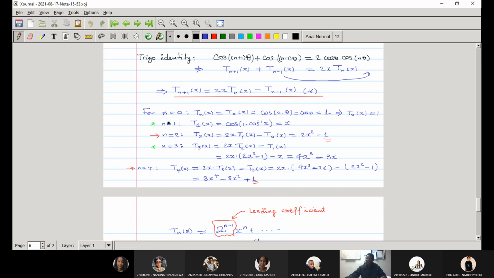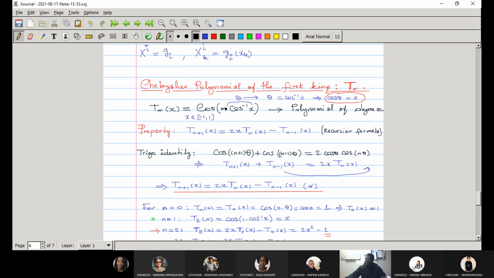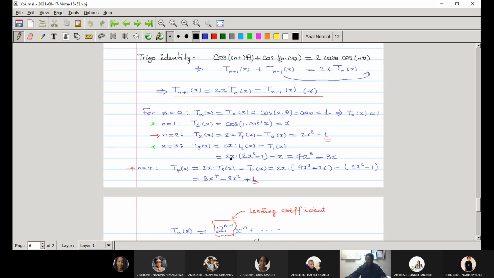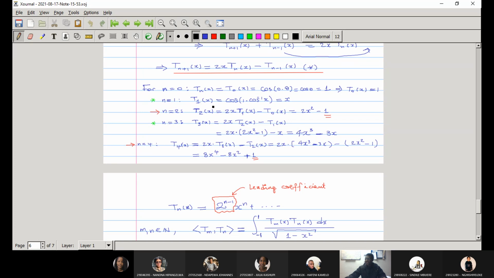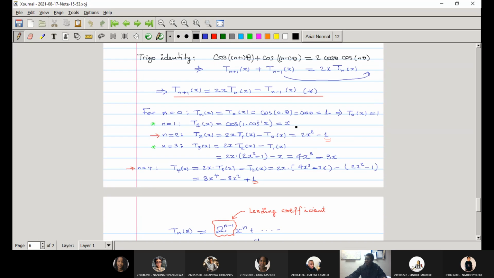And we can see that Tn is a polynomial of degree n. Even though it is written in terms of trigonometric functions here, when you expand, it gives you an actual polynomial. These are a few terms: T0 is 1, T1 is x, T2 is 2x squared minus 1, T3 is 4x cubed minus 3x, T4, and so forth.